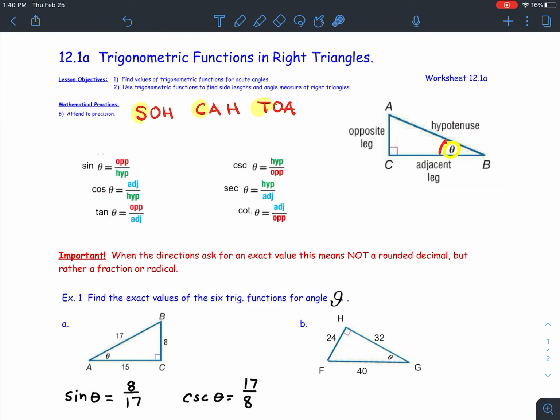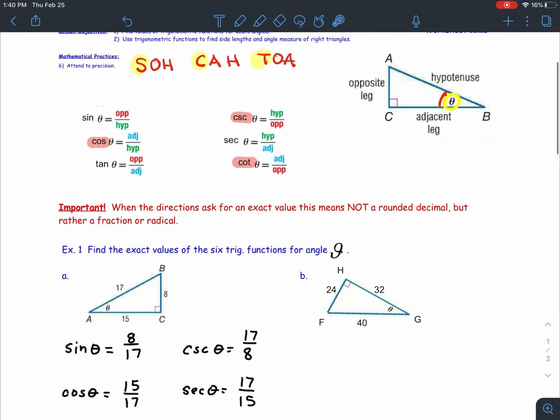And then tangent is paired with cotangent. Basically, one of the 2 words in each of these pairings starts with co. So you're not going to have cosine paired with cosecant because those both start with co. So that is a helpful way to memorize what those relationships are.